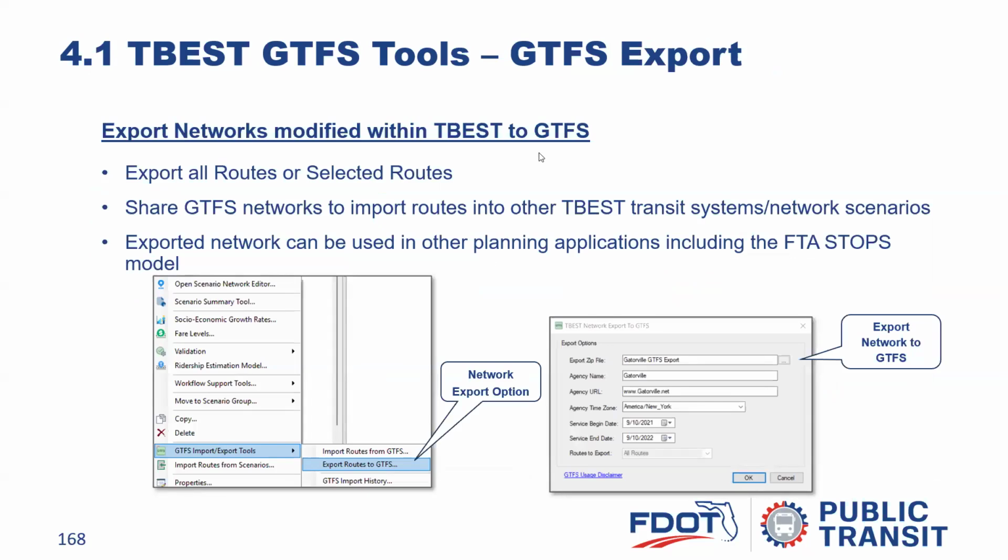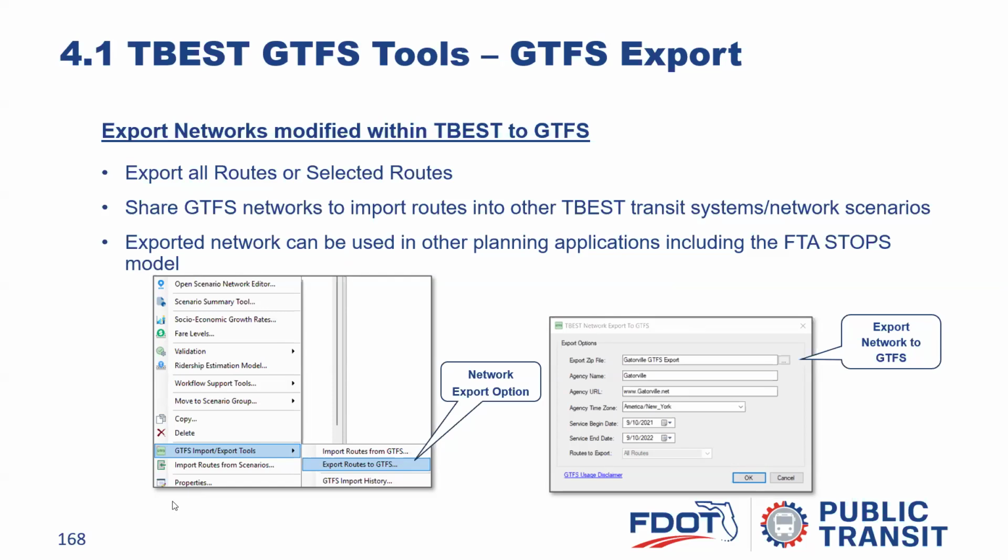All right, so we mentioned the option to export GTFS. So there were a couple of versions of this: export all routes or the selected routes. So certainly one of the benefits of this is you can share the TBEST GTFS networks to import routes into other TBEST transit systems, or they can be shared with other planning applications, including FTA stops model.